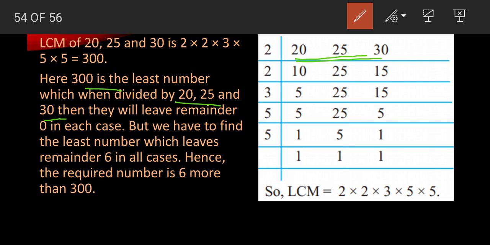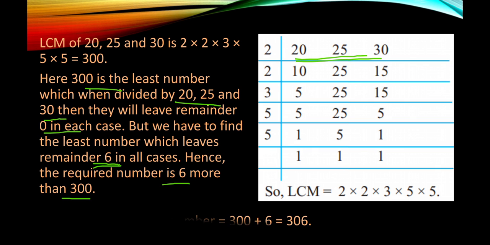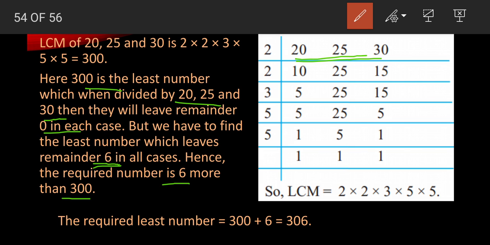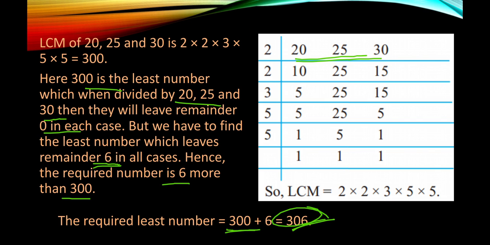Here the remainder is 0, but we have to find the number which leaves the remainder 6 in each case. Hence the required number is 6 more than 300, that is the required least number is 300 plus 6, that is 306. In this way, to find any least number, we have to find the LCM. That's all. Thank you, students.